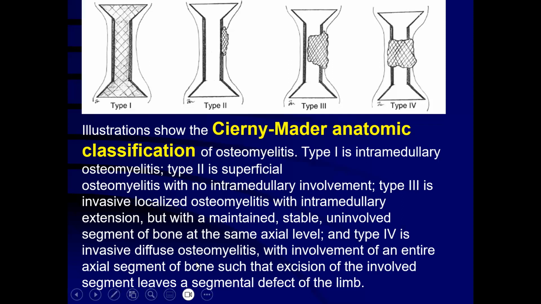And finally, type 4 is invasive, diffuse osteomyelitis with involvement of the entire axial segment of bone, such that excision of the involved segment leaves a segmental defect in the limb.